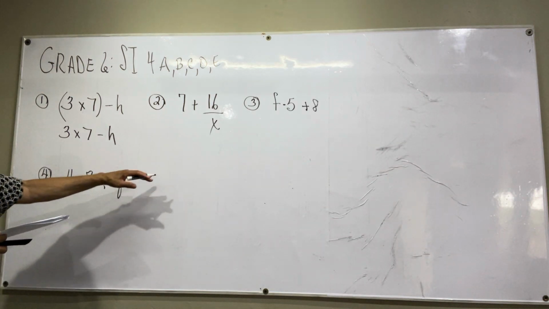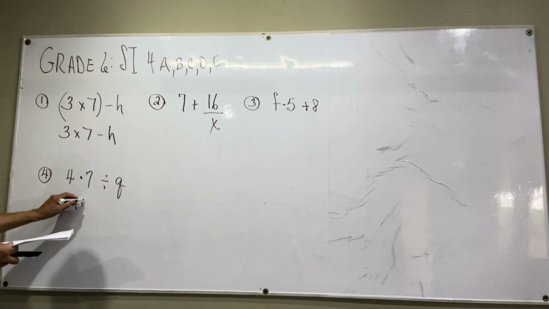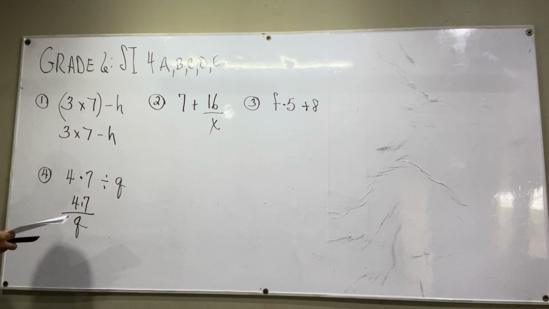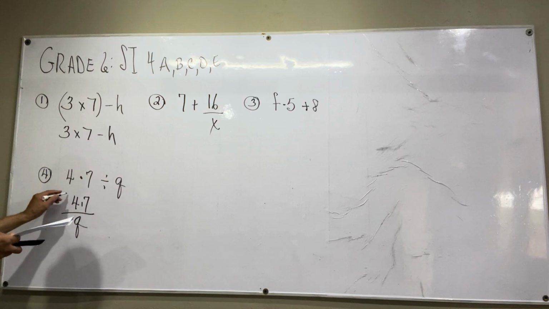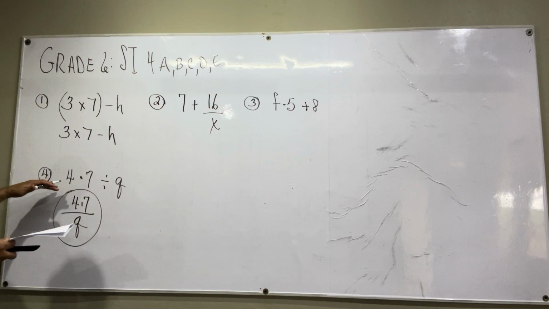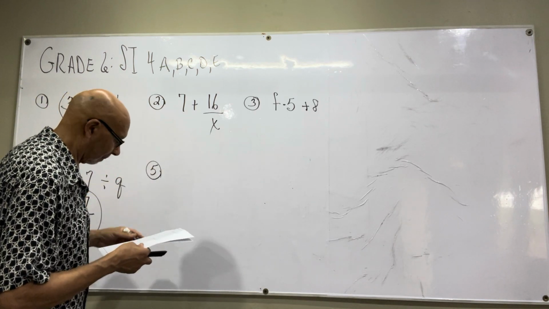That's literally what they've said. But we could write this 4 times 7 divided by q. We could do it that way. But this is not one of the possible choices. So we have to do it literally like it says.